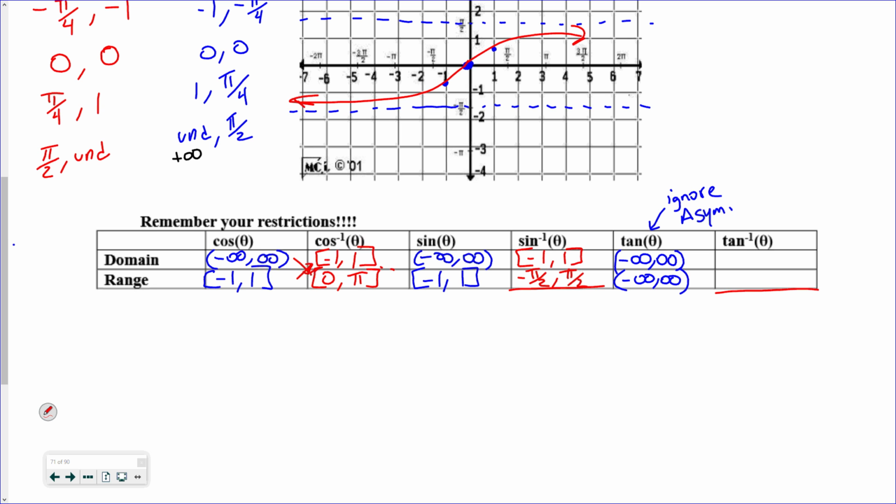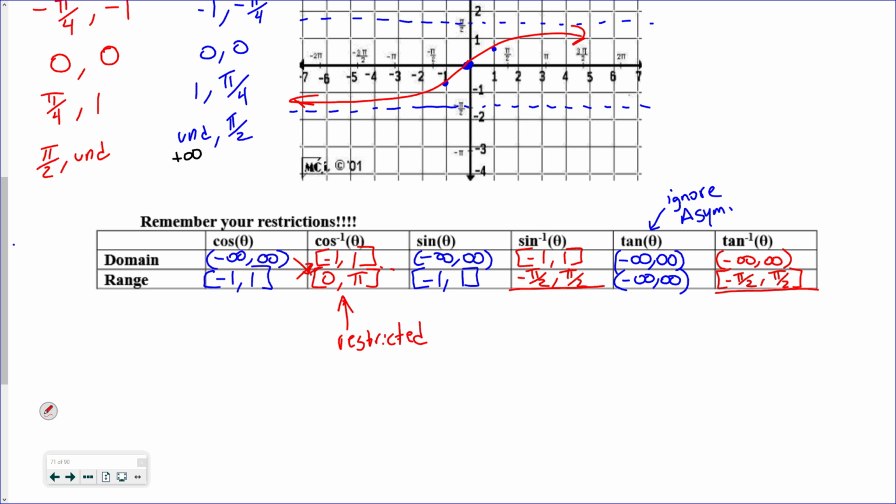And finally, tangent has the -pi over 2 to pi over 2 brackets, and goes from negative infinity to positive infinity in the domain. So once again, the ones in red are restricted, meaning they are limited in what they can do.